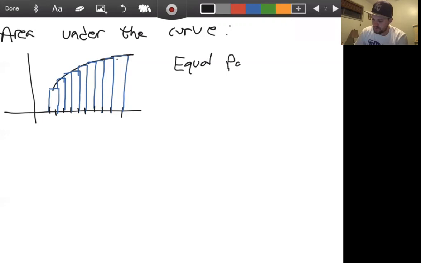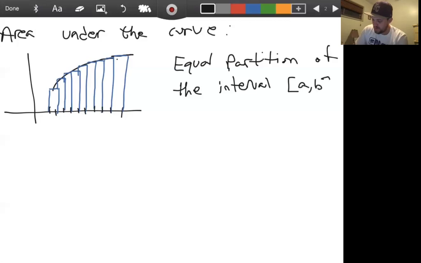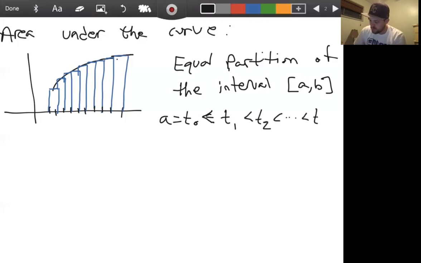So we have an equal partition of the interval AB. Okay, and so let's take this equal partition to be like, let's say the first number is A, we'll call it t0, and then we'll say that that's strictly less than some t1, strictly less than t2, all the way up to tn, which we'll call B, okay?